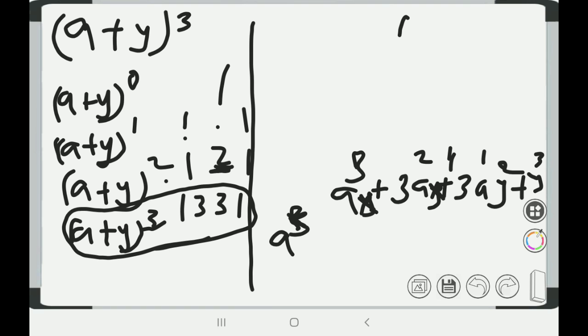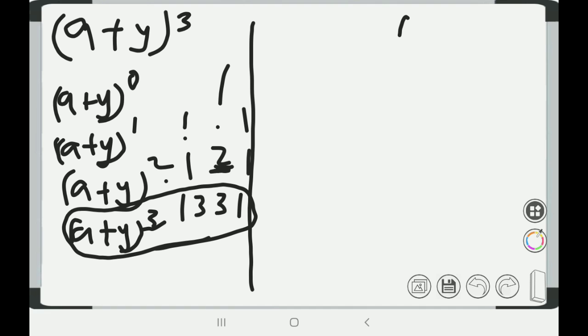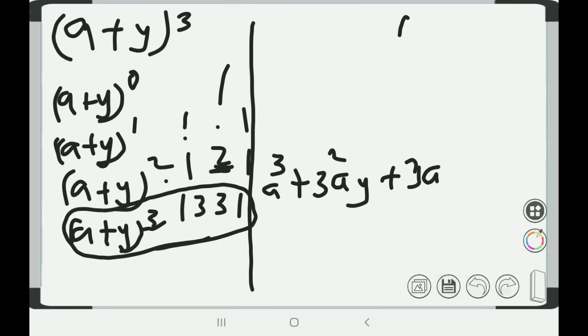Okay, let me do it fresh. We have a raised to 3 plus 3 a raised to 2 y plus 3 a y squared plus y cubed.